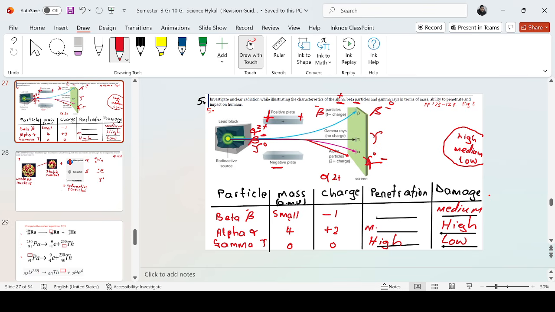In other words, this is low because it's very heavy. This one, electron, is medium because of its size. The alpha particle will not go far. It quickly stops. Okay? But the damage is very high.